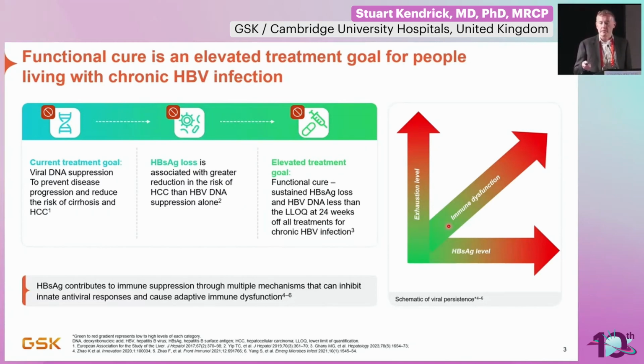It's quite possible that for different patients with different immune and virological phenotypes, for some people the vector of these two components might be down here, with a strong component driven by surface antigen, and for some it might be up here, where you have a lot of immune exhaustion even for a low level of surface antigen.